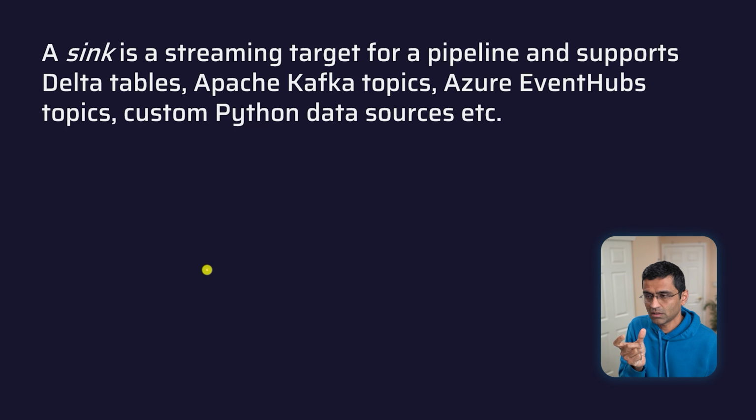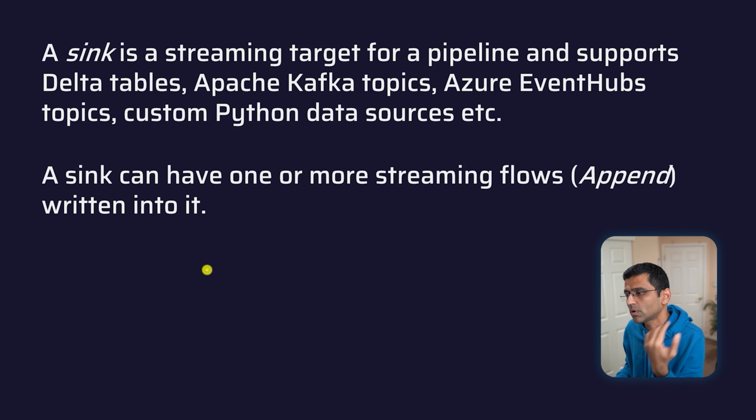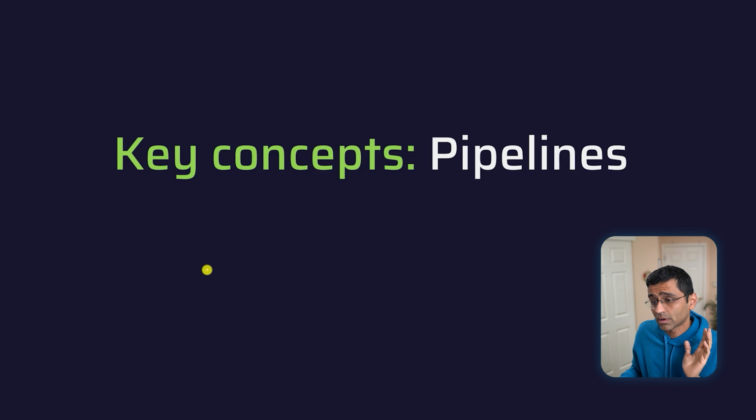So as a sync, let's say you have a streaming flow. In that, your target, your destination can be a delta table, Apache Kafka topic, Azure Event Hubs topics, custom Python data sources, etc. And all of them are commonly called a sync. And it can have one or more streaming flows written into it.